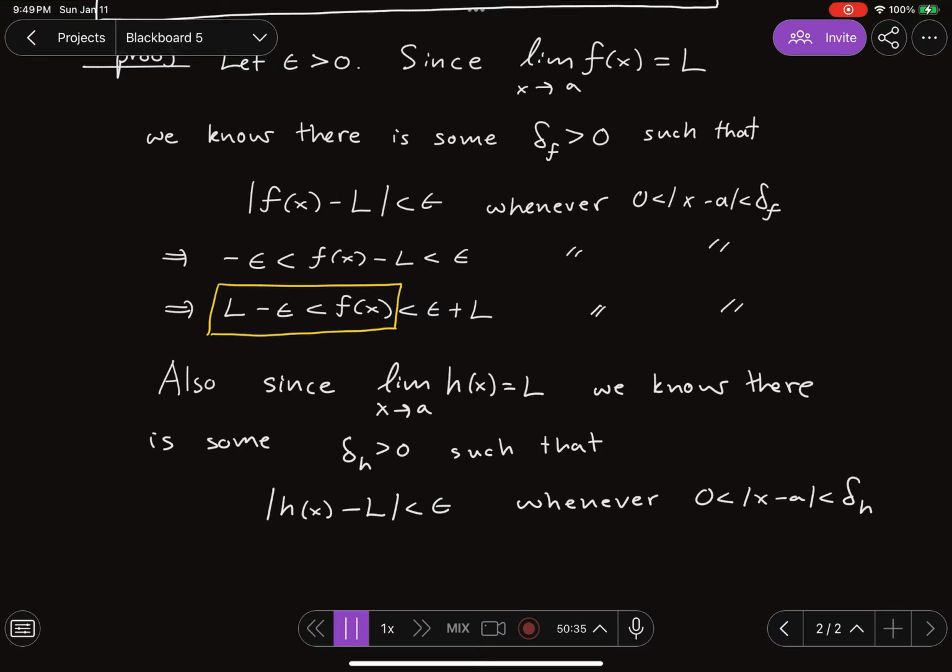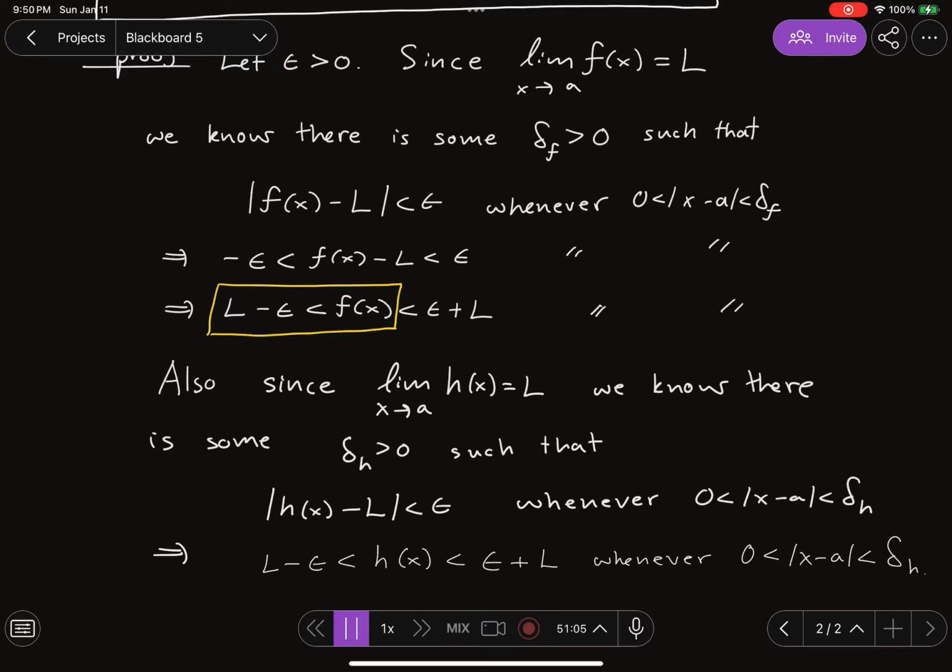But this says the same thing. I'm going to skip a few steps. I'll tell you verbally, follow this same process, but for h of x, that implies that L minus epsilon is less than h of x, which is less than epsilon plus L, whenever 0 is less than x minus a is less than delta sub h.